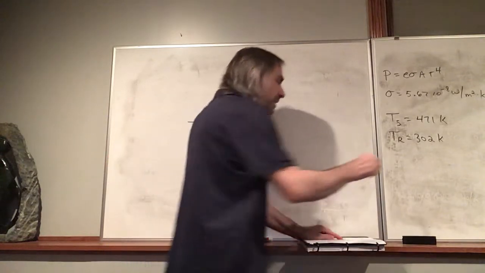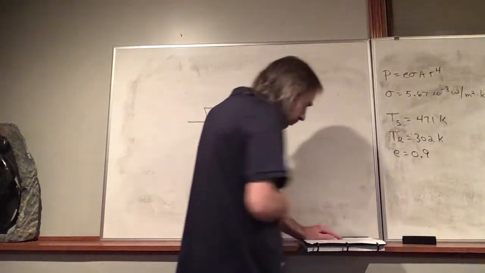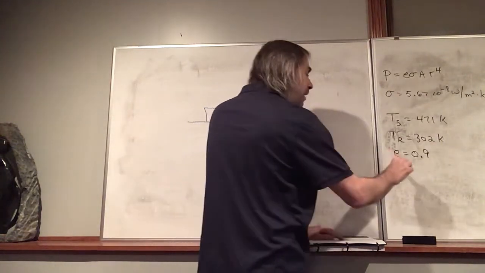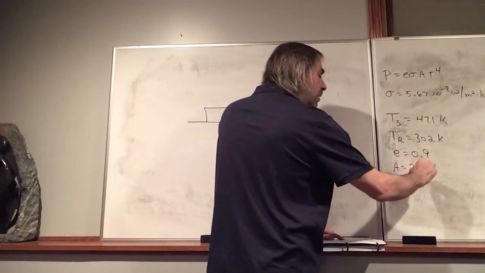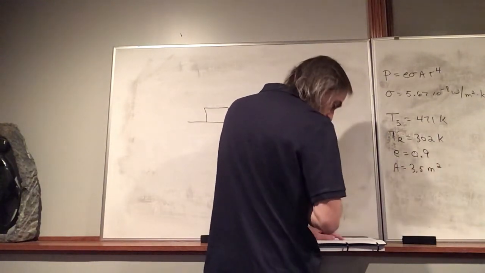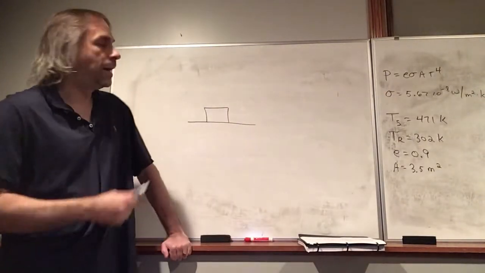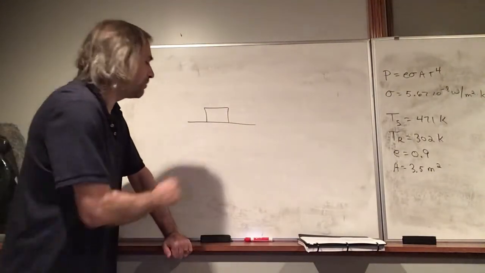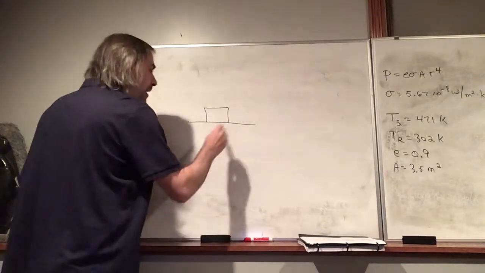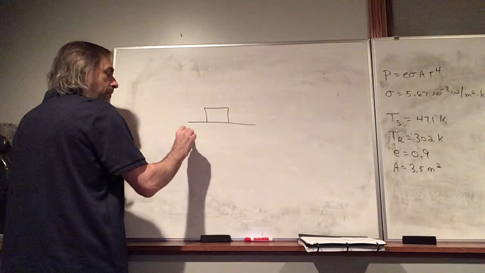The stove has an emissivity of 0.9 and an area of 3.5 meters squared. What is the net power radiated by the stove? So again, pretty straightforward now that we've talked about the background, but it's radiating according to its temperature.